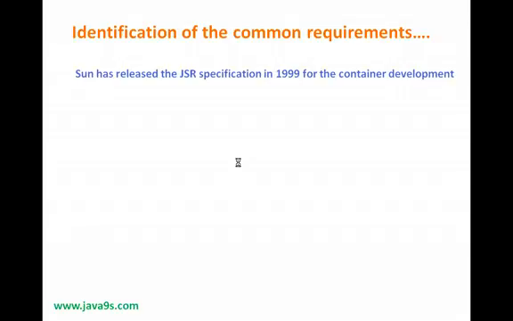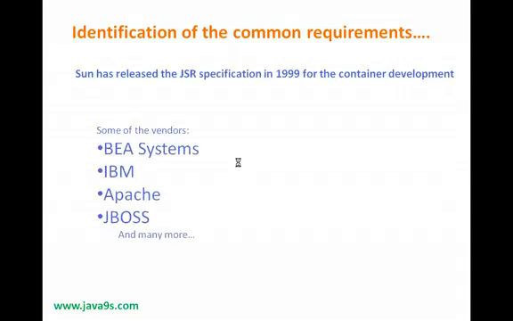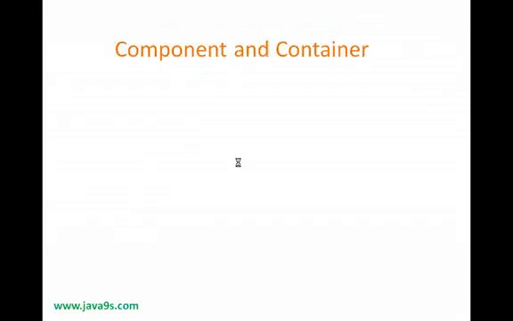They shared these specifications with the world, and some companies like BEA Systems, IBM, Apache Software Foundation, etc. came forward to develop containers based on these specifications, and they developed containers like BEA WebLogic, IBM WebSphere, Tomcat and JBoss. These are the containers that support enterprise applications.